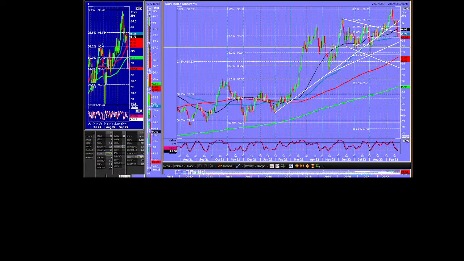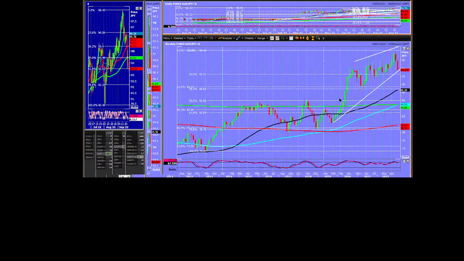Hang on, I've completely confused myself. That trend line isn't actually right, is it? That wasn't drawn right. Yeah, that needs to go there. Okay, sorry, I'm dithering.